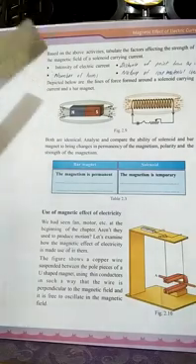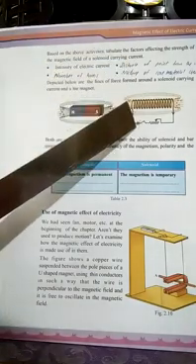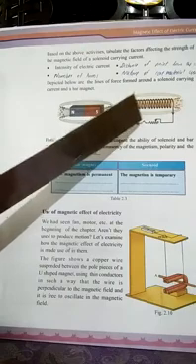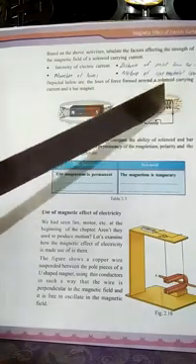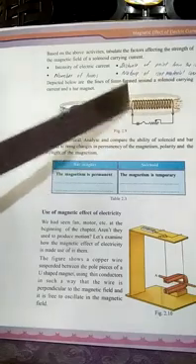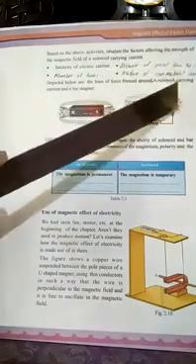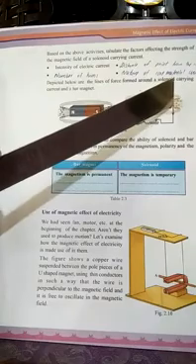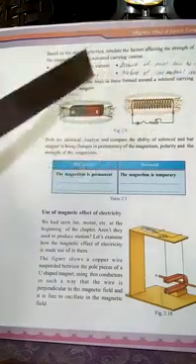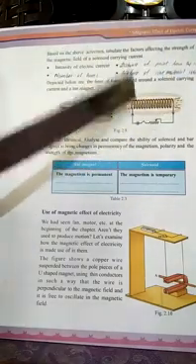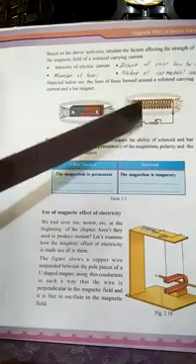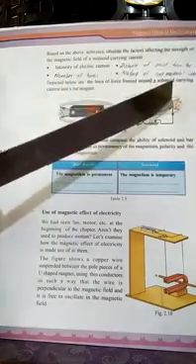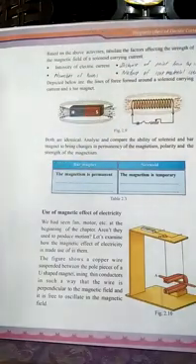Another one: if we change the direction of the current, with the current entering at the negative end and this end positive, the current passes in the opposite direction. Then what will happen? The poles interchange. In this case, it is north here and south there. If we reverse the current, this will become south and the other will become north.